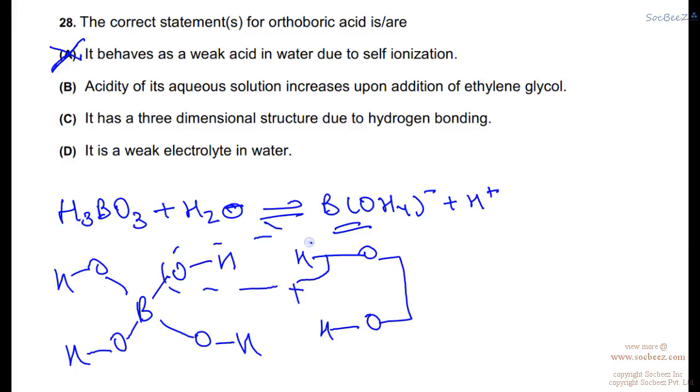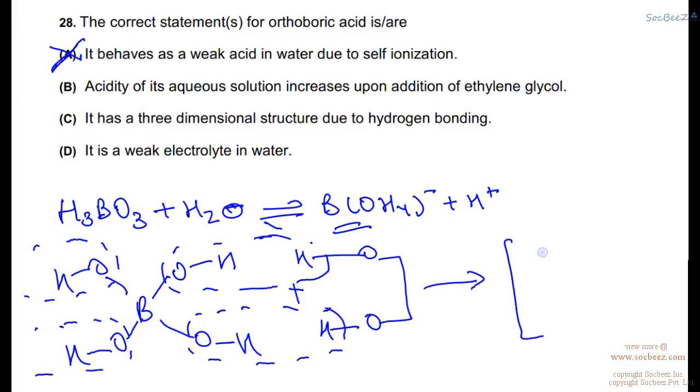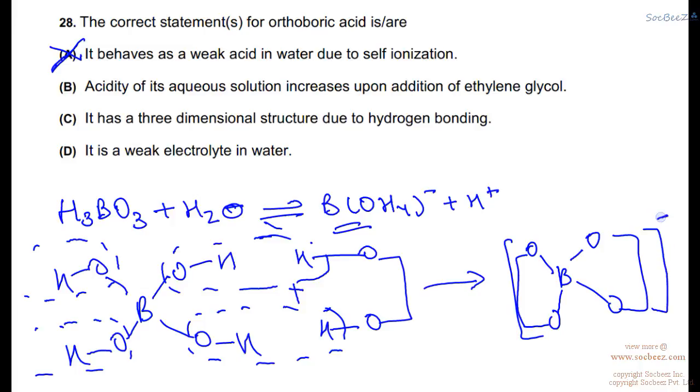Here, this will be fetched by ethylene glycol, this will be fetched by it, and again this species will also get fetched by it. So now the reaction product is somewhat like this. Now, this equilibrium is shifted in the forward direction by addition of syn-diols like ethylene glycol, which form a stable complex.